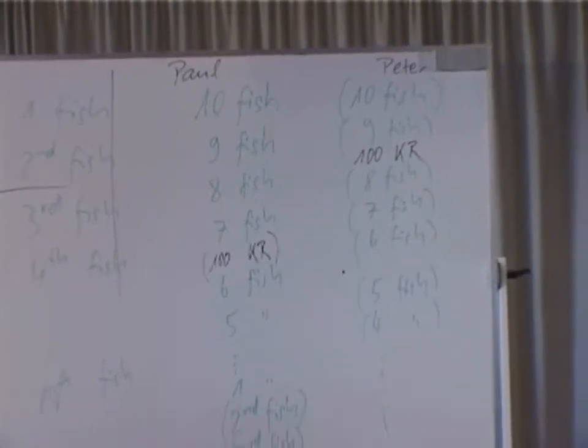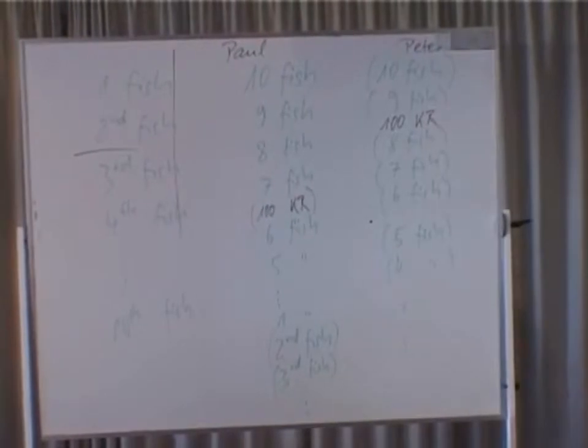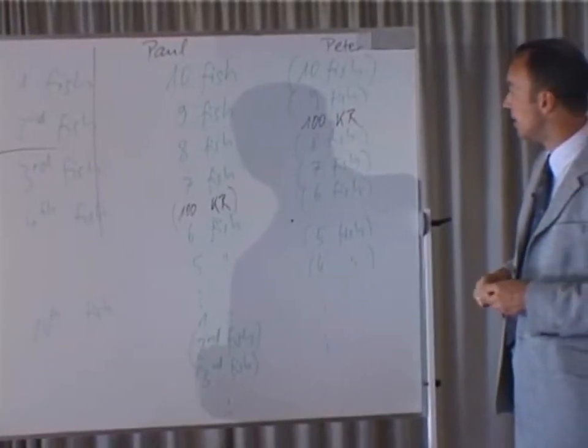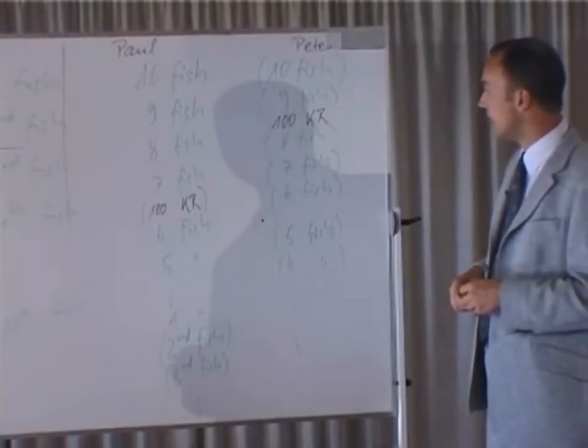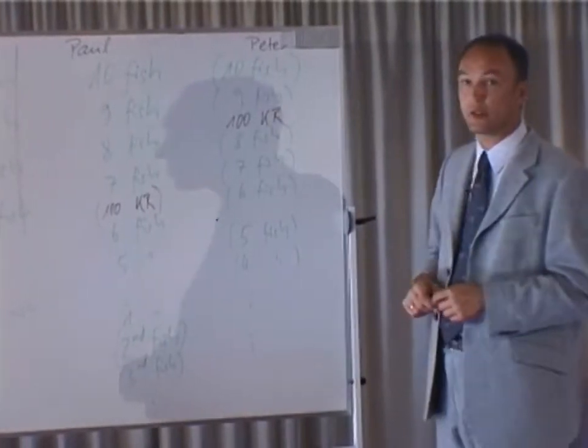Now the question is, under these conditions, would there be a market exchange, right, between the two market participants, Paul and Peter? And the answer is, there would be no exchange, right?